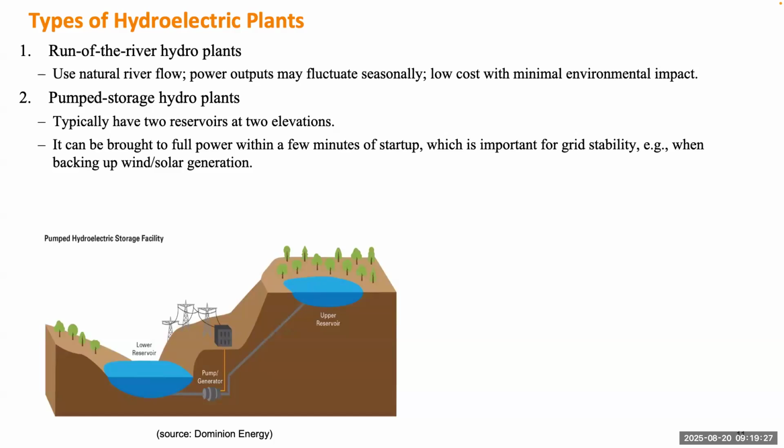To make this generator go from 0 to peak value, which depends on the largest flow of water, can only take a few minutes, because you just need to change the operation mode of this generator between generating and pumping, because it is a synchronous generator.